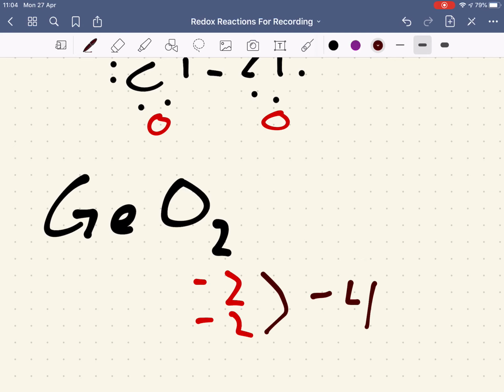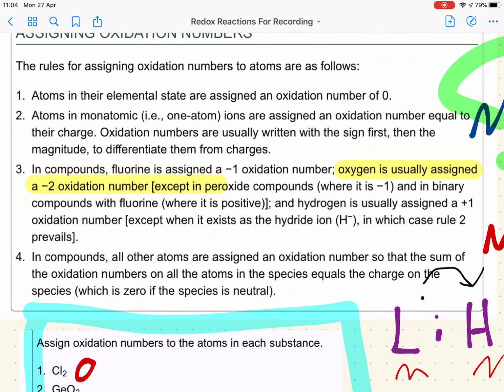We want to know the total because we need to figure out what it is for the germanium. If you go back to the rules, Rule 4 says that in compounds, all other atoms are assigned an oxidation number so that the sum of oxidation numbers on all atoms in the species equals the charge of the species.